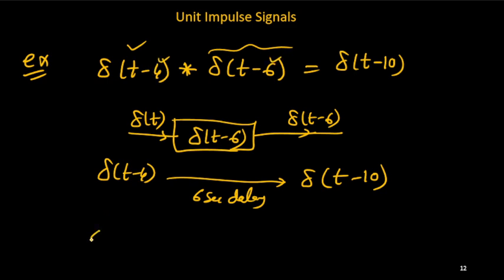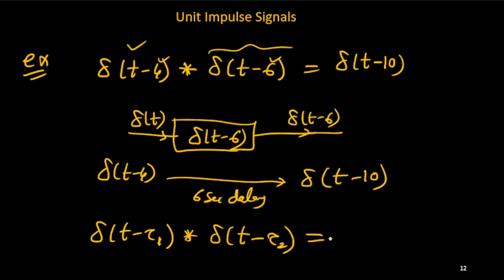So in general, delta(t minus tau 1) convolution with delta(t minus tau 2) becomes delta(t minus tau 1 minus tau 2). It's fine.